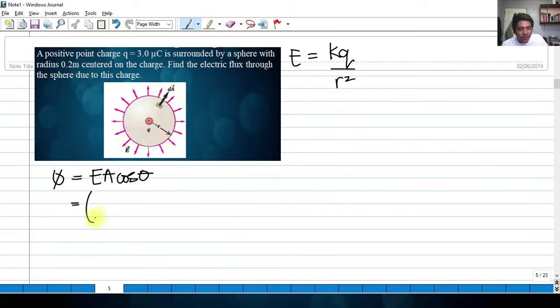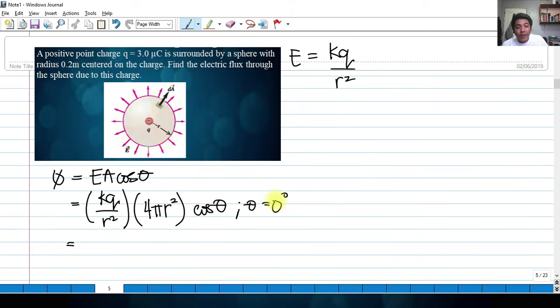So we have kQ over r squared multiplied by the surface area of the sphere, which is 4 pi r squared, times cosine theta. Since theta is 0, since they are parallel, we reduce our formula to simply kQ over r squared times 4 pi r squared.